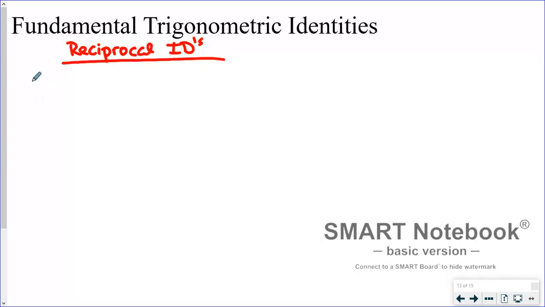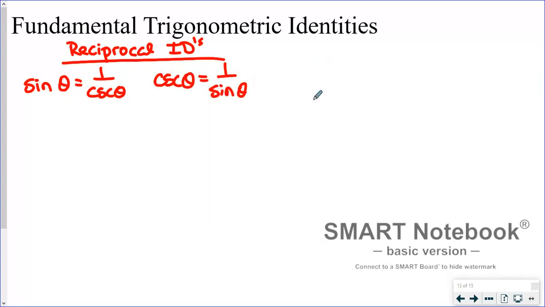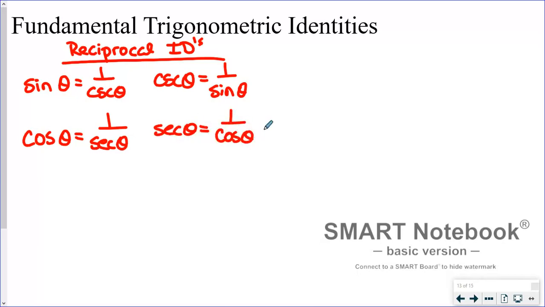We already know all of these. Sine of theta is equal to 1 over cosecant of theta, and cosecant of theta is equal to 1 over sine of theta. Cosine of theta is equal to 1 over secant of theta, so, of course, secant of theta is equal to 1 over cosine of theta.